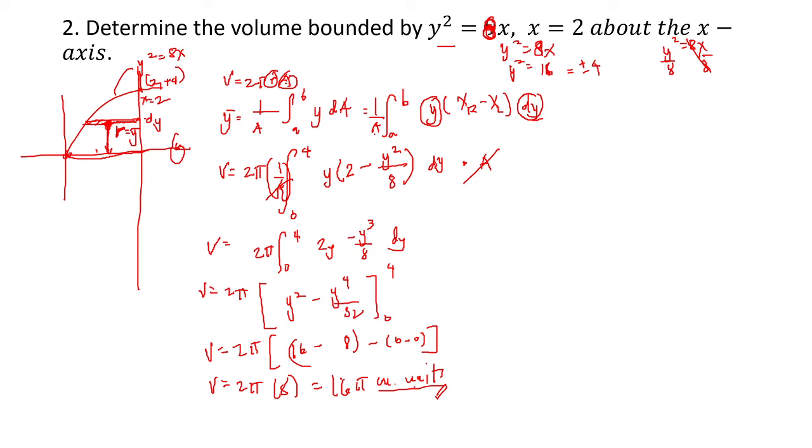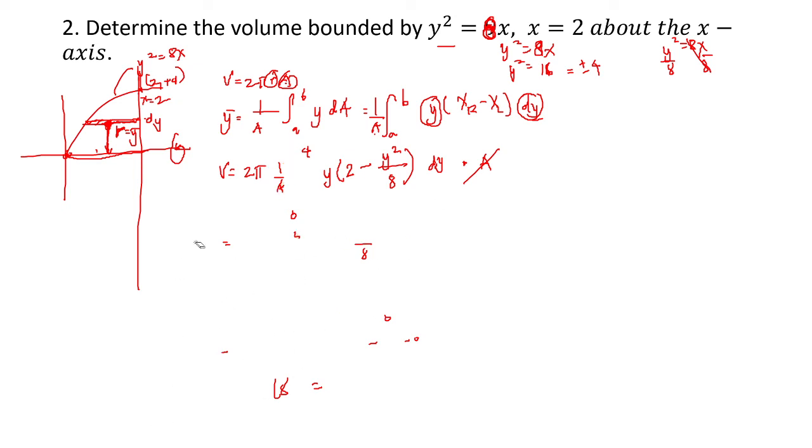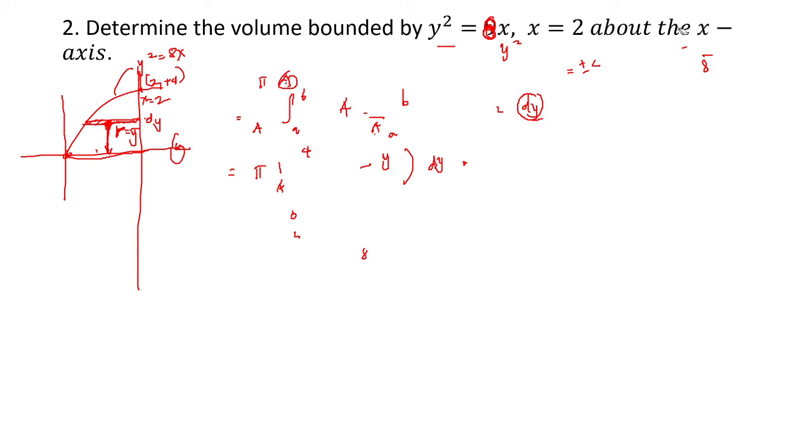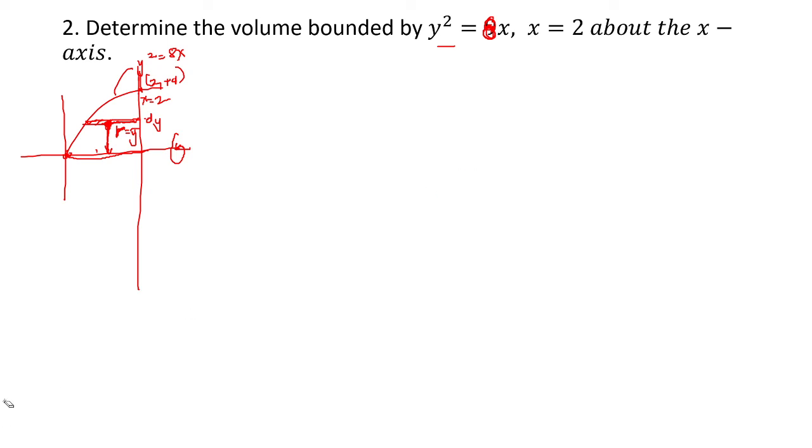Alright, so what if we use the vertical strip? So for the vertical strip, again y squared is equal to 8x, and this one still. We create a vertical strip.